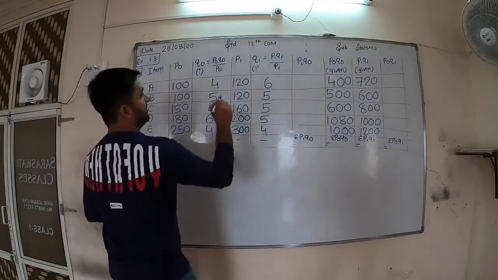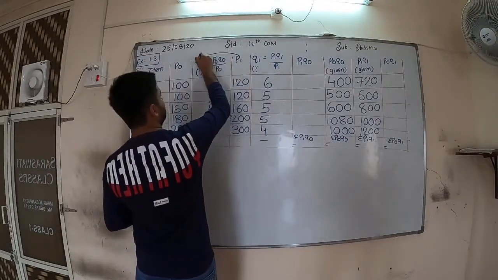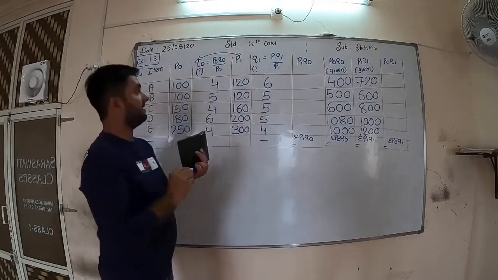Very carefully, P1 and Q0, both these columns are to be multiplied.